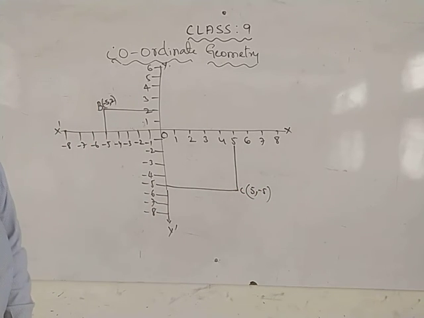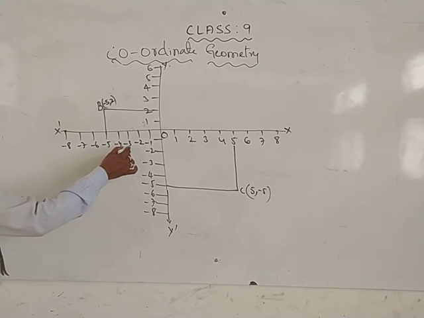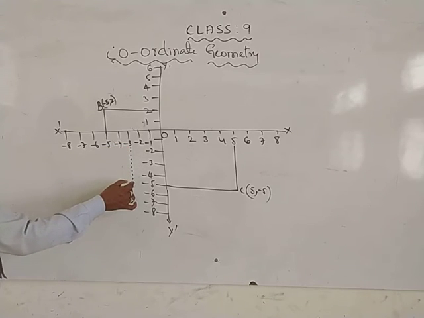Next question. The point identified by the coordinates minus 3, minus 5. Where will minus 3, minus 5 come? Which is that point? The point is E.